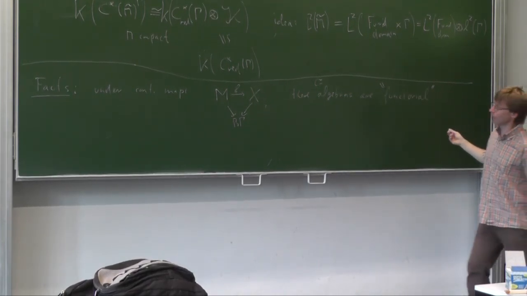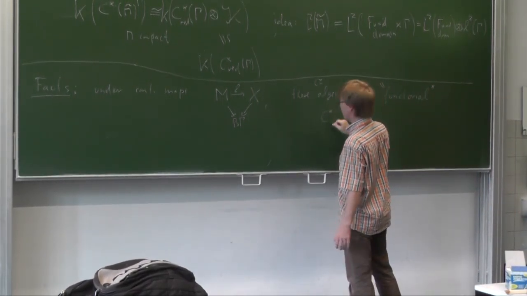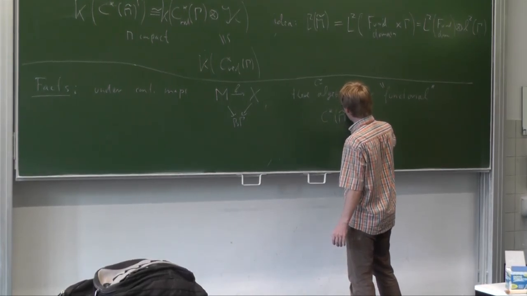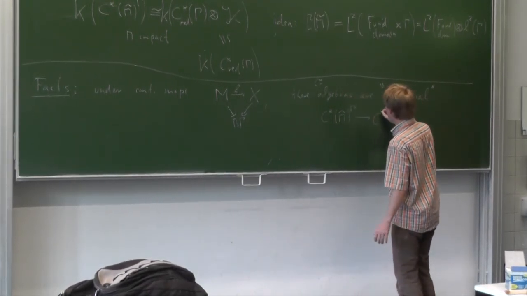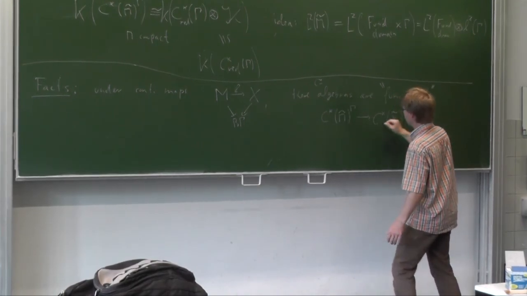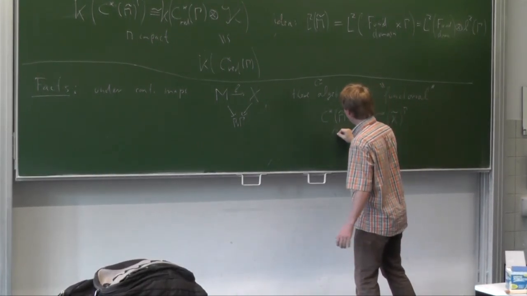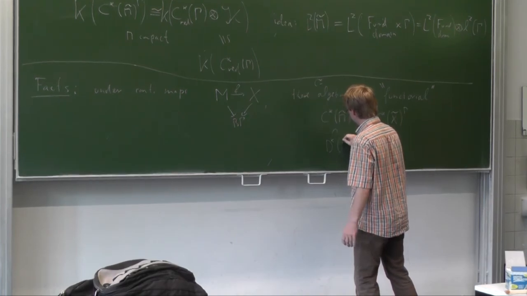Using this functoriality, we get an induced map, C-star of M tilde gamma to C-star of X tilde gamma, and it's compatible with the inclusion in C-star.